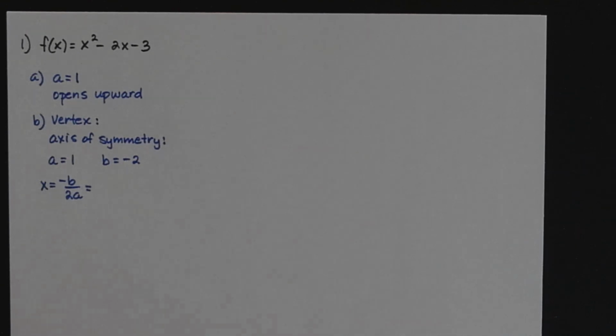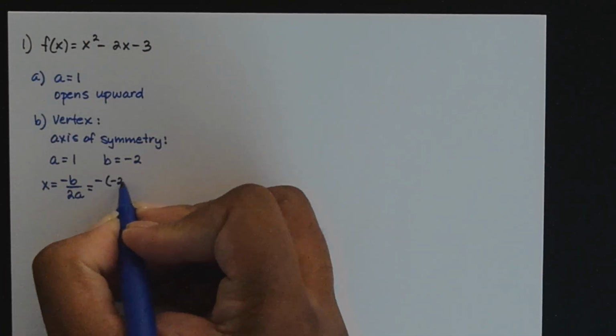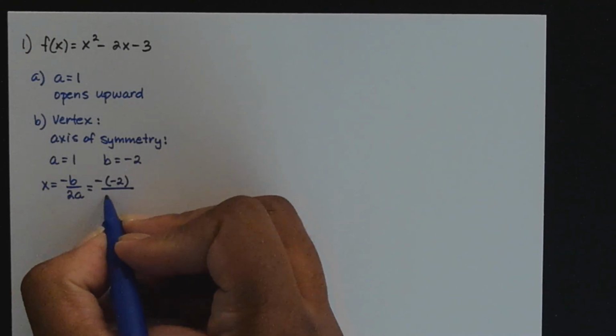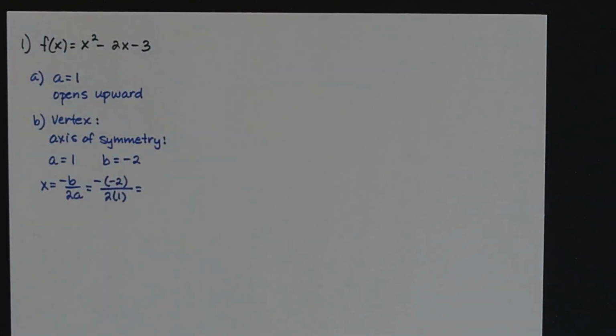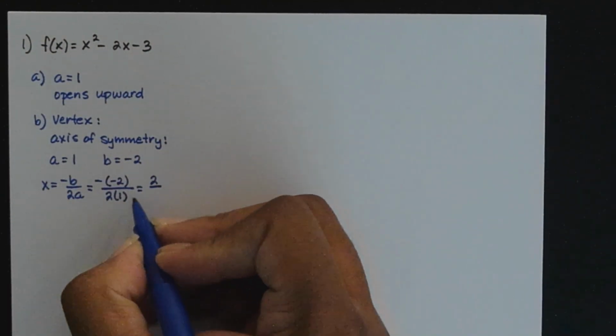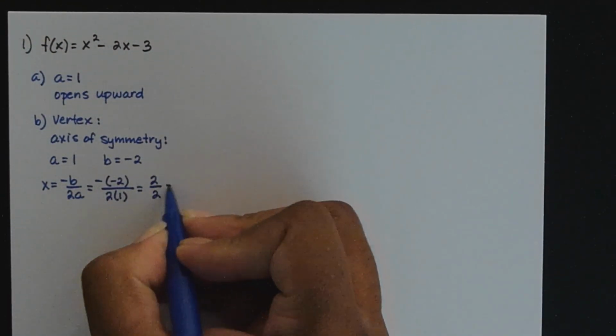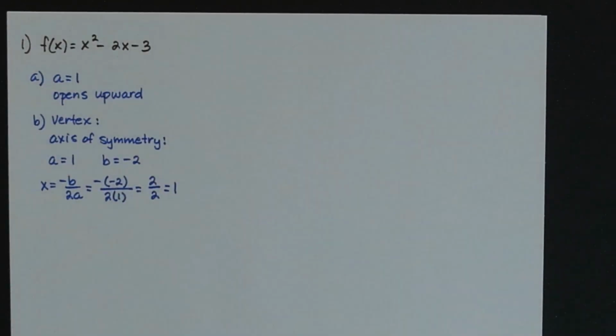So here we just substitute, bring the negative over, replace the b with negative 2, so it'll be negative of negative 2 divided by 2 times a, which is 1. And then negative of negative 2 is 2, over 2 times 1, which is 2. And then 2 divided by 2, that'd be 1. So the x-coordinate of your vertex will be 1.